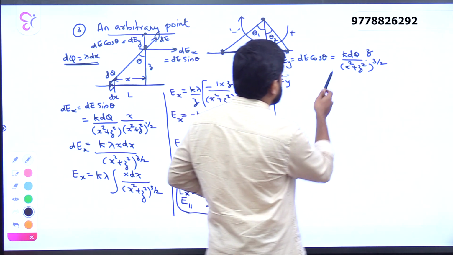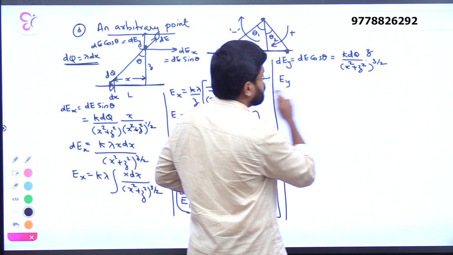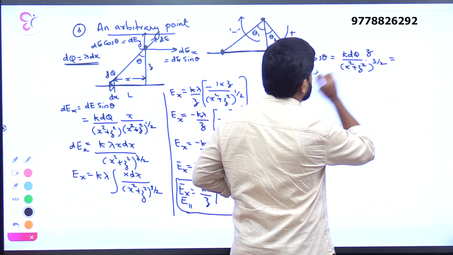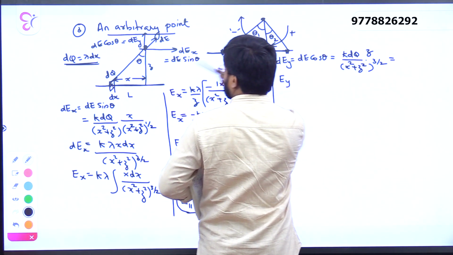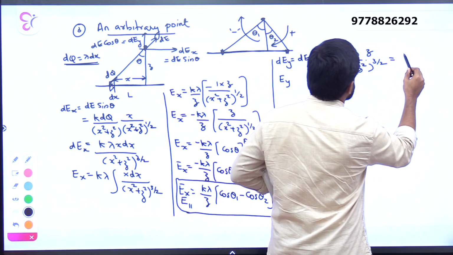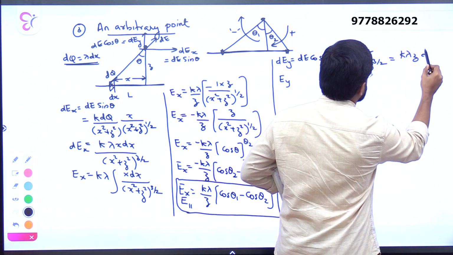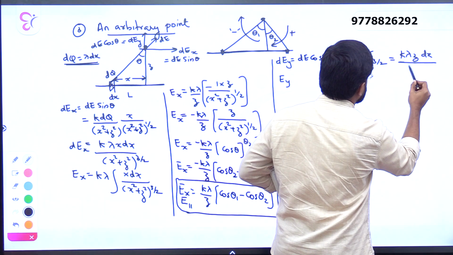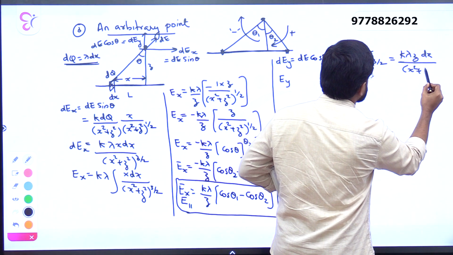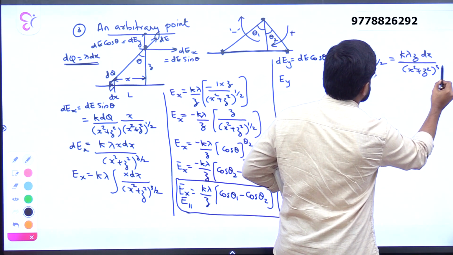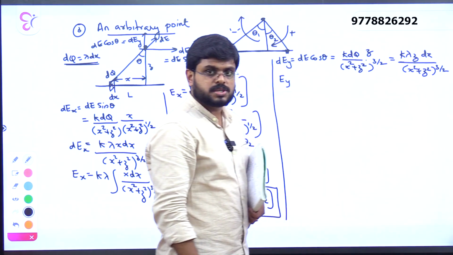So we need Ey. In order to get Ey, we have to integrate this dEy. Then what is this? Substitute for dq. dq is lambda dx. So k lambda z into dx divided by x square plus z square whole power 3 by 2. Is it clear?